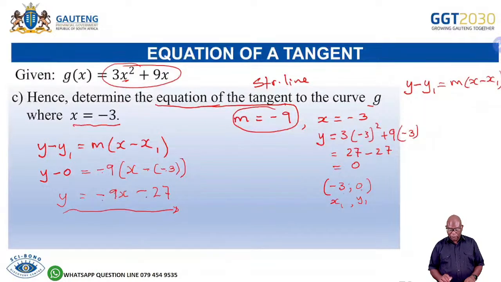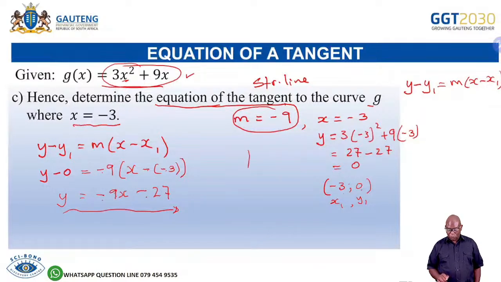And you can do that by drawing the graph also. You can draw the graph of 3x squared plus 9x, right? Then once you have drawn that graph, you input the point -3 and 0 on your graph, then you draw the tangent that passes through that point.